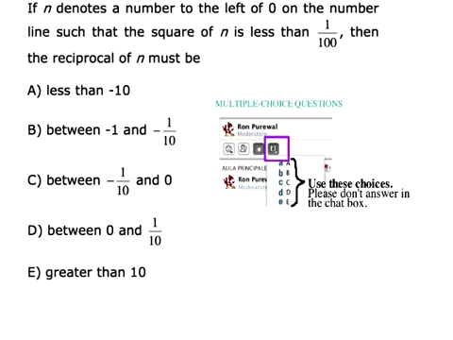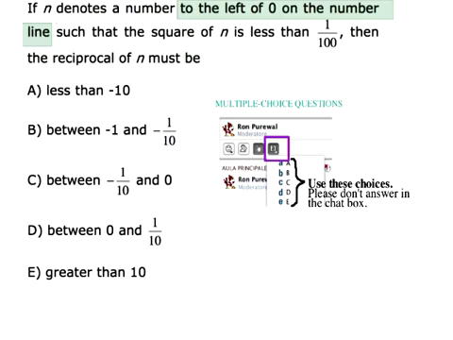So let's talk about it. What we know is that n is to the left of 0 on the number line, which means that it's what? You know, it's negative.